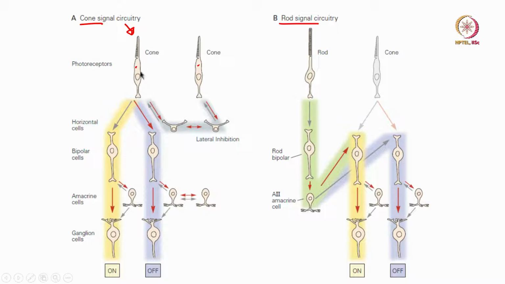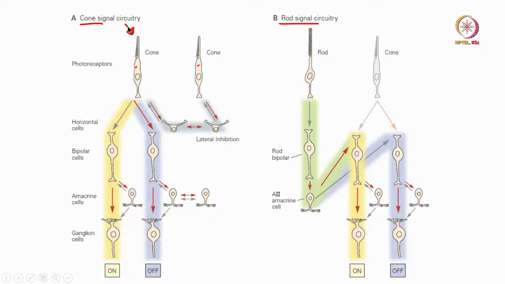Now, it also implies that this cone sets up another pathway of the adjacent cone in which a bipolar cell is inhibited. This bipolar cell in turn causes negative feedback on amacrine cells. The bipolar cell also inhibits the ganglion cell, but because the amacrine cells are also involved, there is an off.